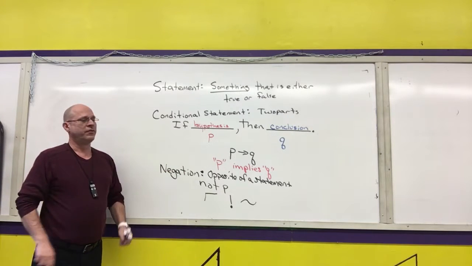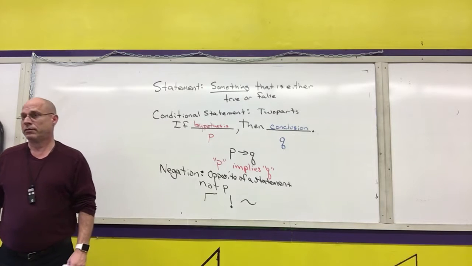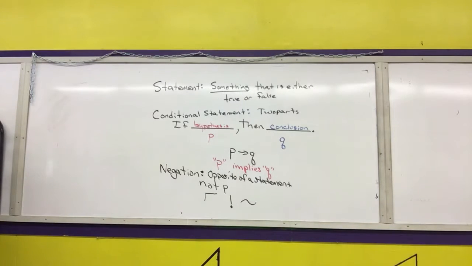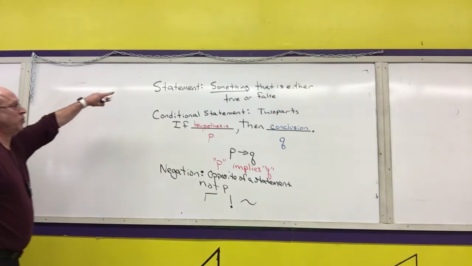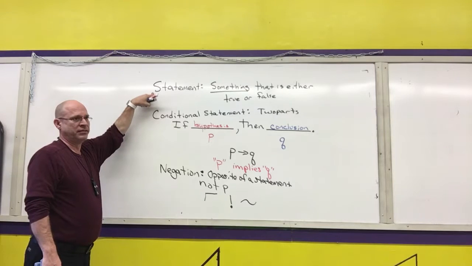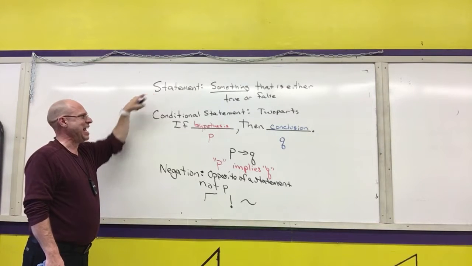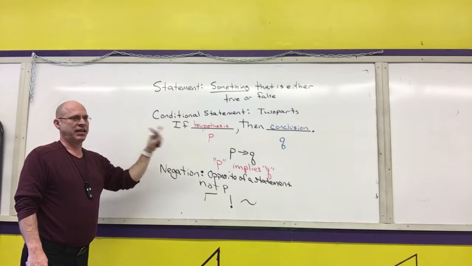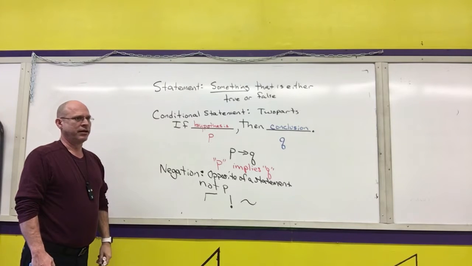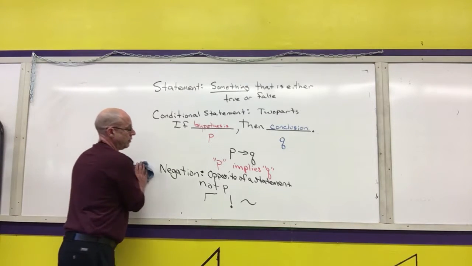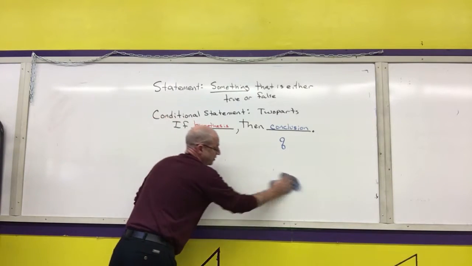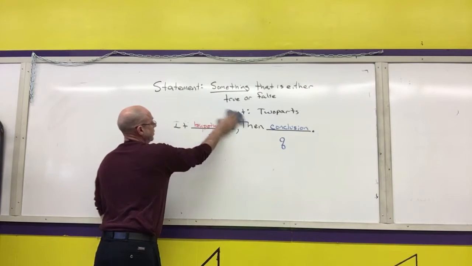Any questions on our first three definitions so far? We only negate statements, which are individual pieces. We do not negate an entire conditional statement. We do other things with the entire conditional statement. And those are the next ones we're going to go over.